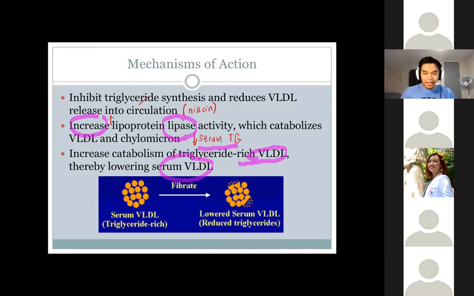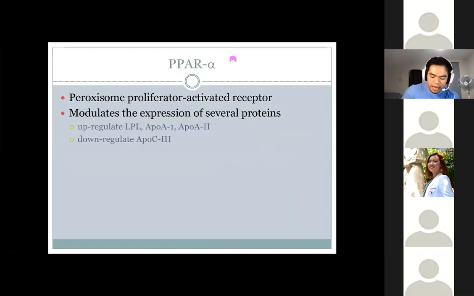Okay? What else? Also, fibrates, they are also PPAR alpha agonists. So when we say PPAR, it means peroxisome proliferator activated receptor, and they activate this receptor. So what could happen pag na-activate nila ang PPAR alpha?